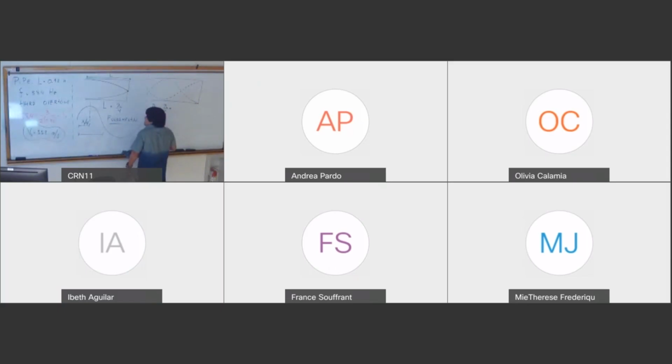If you do the math, you get 3 lambda over 4. But that's equal to the length of the tube. Therefore, lambda is 4 over 3 L. Here, lambda was 4L.